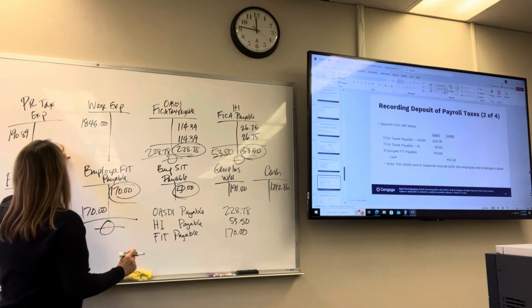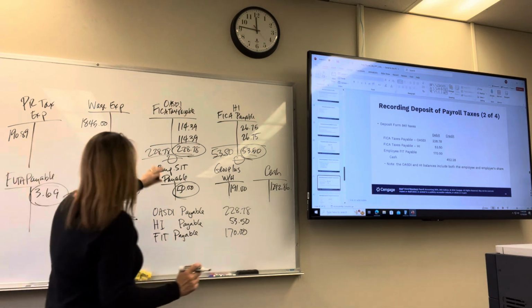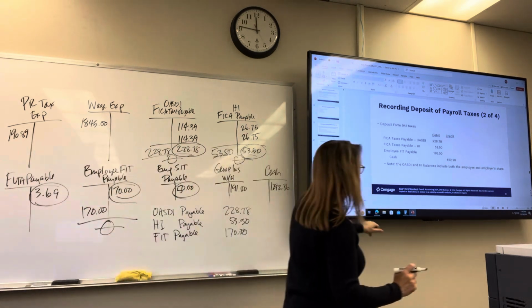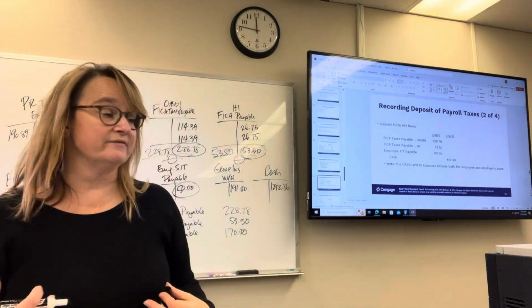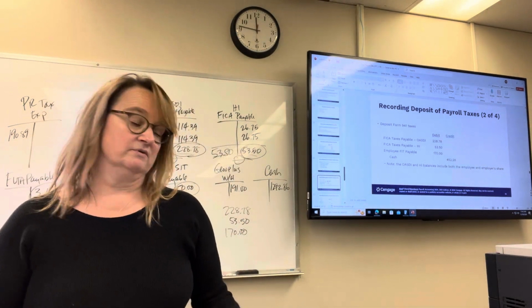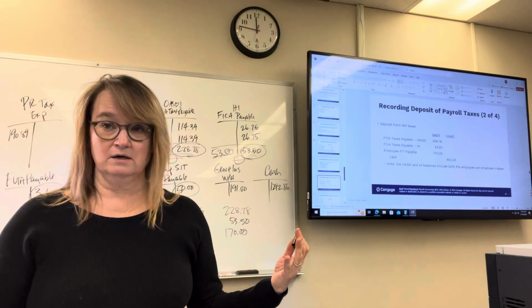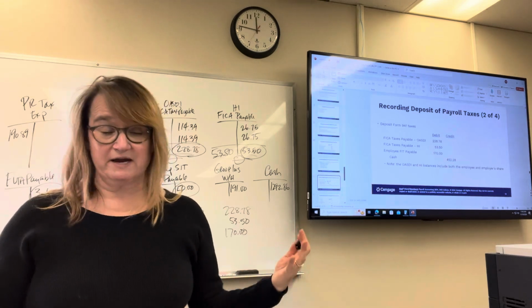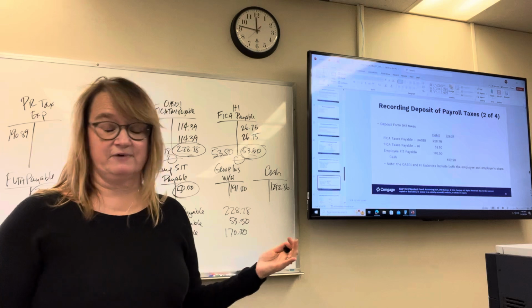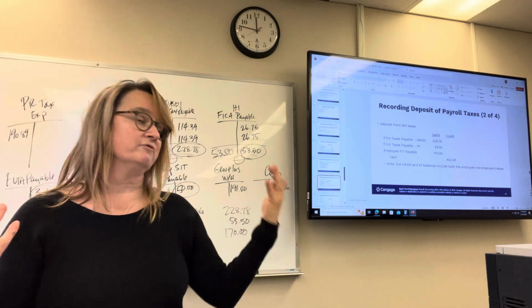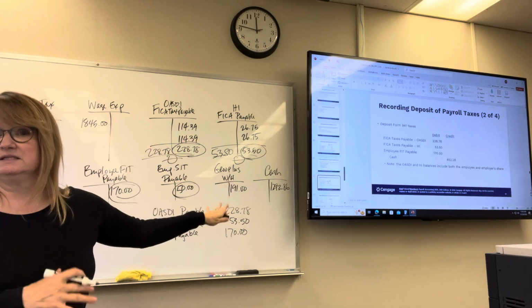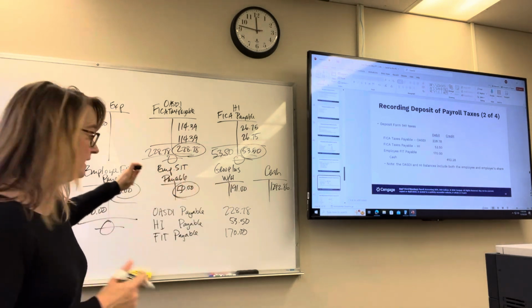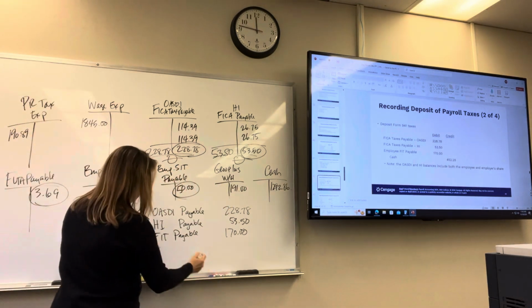We're not paying our FUTA. I guess we're assuming that, at $3.69, we haven't reached that $500 threshold, so we don't have to pay it yet. If this were the last pay of the year and we had reached that $500 threshold, or at whatever point during the year we reach it, then we would be making this payment, at least at the end of the quarter.